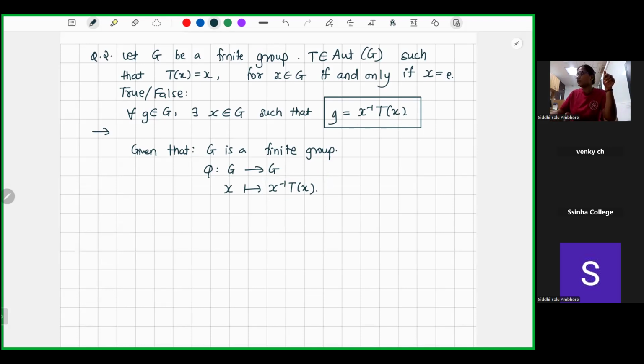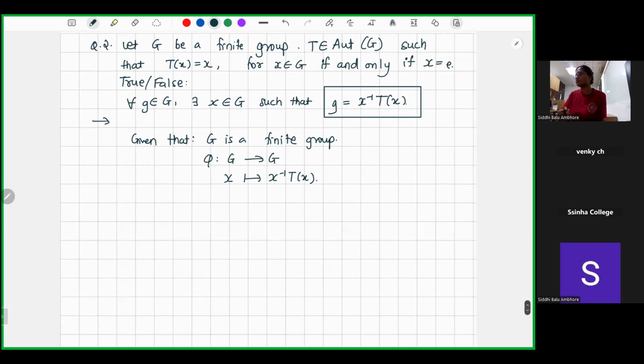So we will try to show that this is a surjective map, and since G is finite, it will also be bijective, because a surjective map on a finite group is a bijection, and then we will get the required result. So how to prove that this is surjective? Or we can also start with proving that this is injective, whatever suits you.